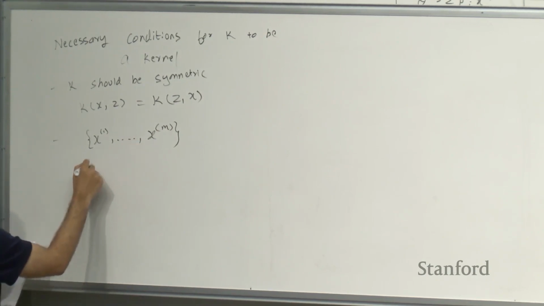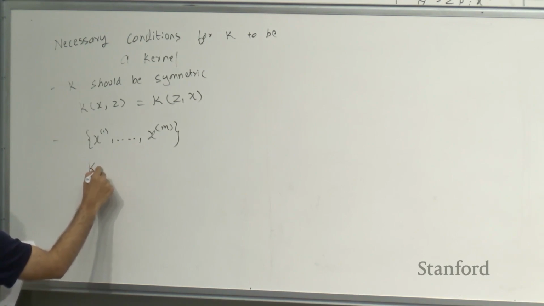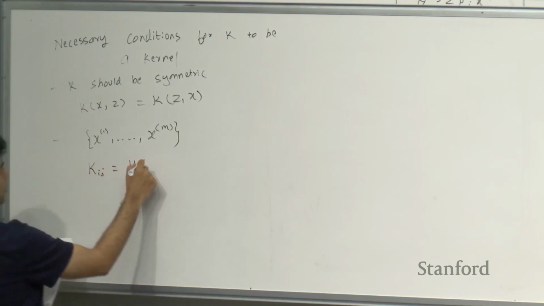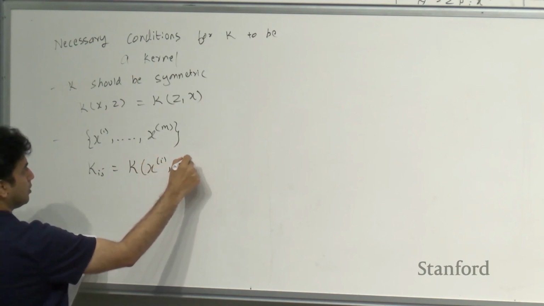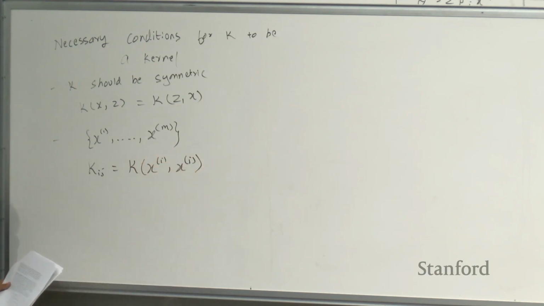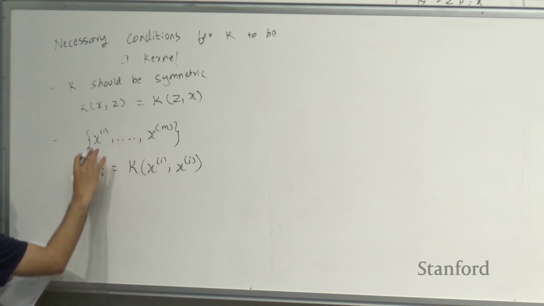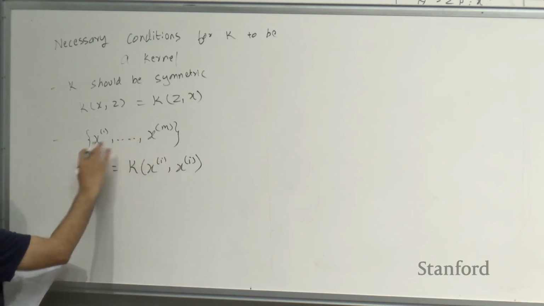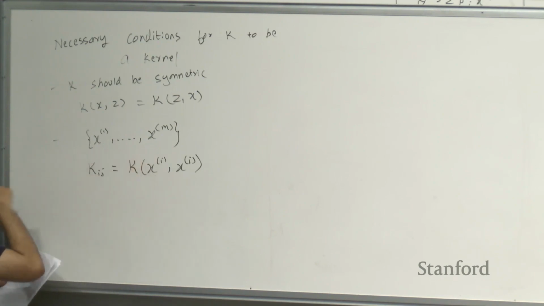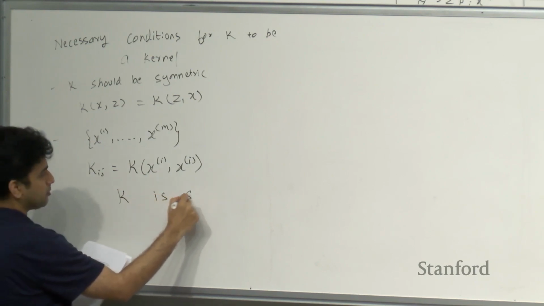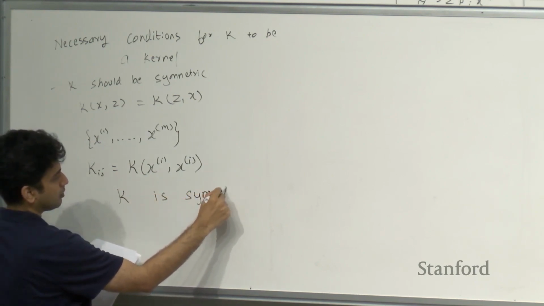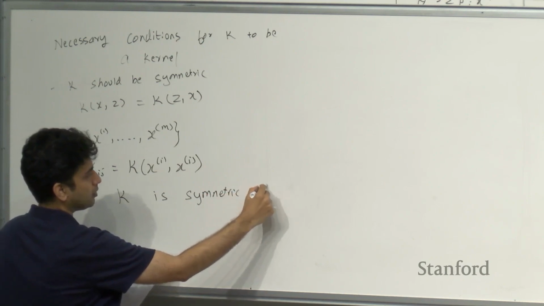The kernel matrix K ij equals k of xi comma xj, where the collection of examples could be anything, completely unrelated to your training set even. This kernel matrix K is symmetric and positive semi-definite.